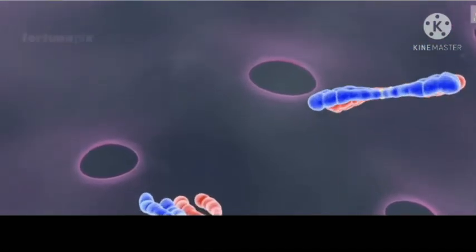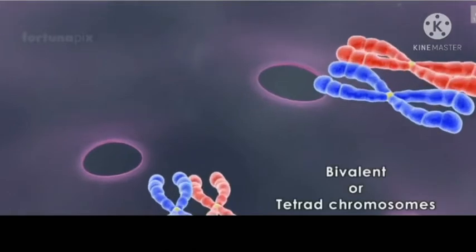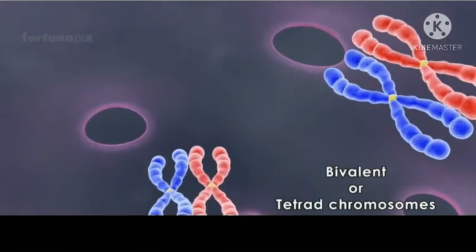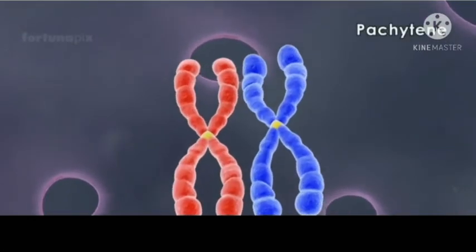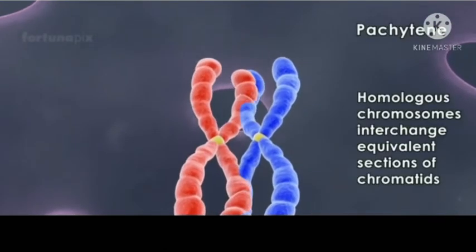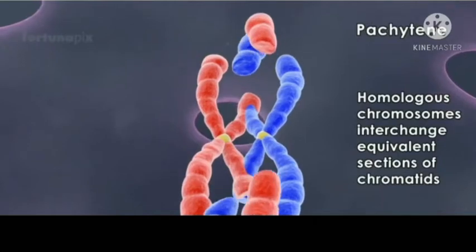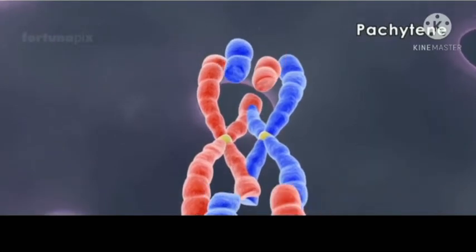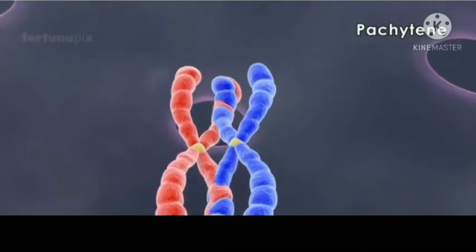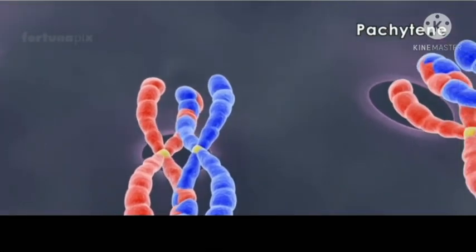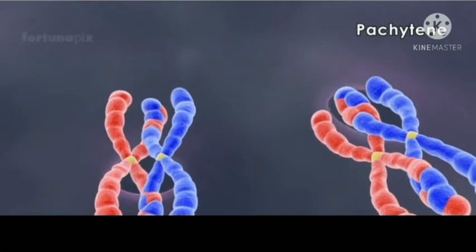The paired chromosomes are called bivalent or tetrad chromosomes. During the pachytene stage, the homologous chromosomes interchange equivalent sections of chromatids, a process known as crossing over or chiasma. This causes an exchange of genetic material between chromosomes.